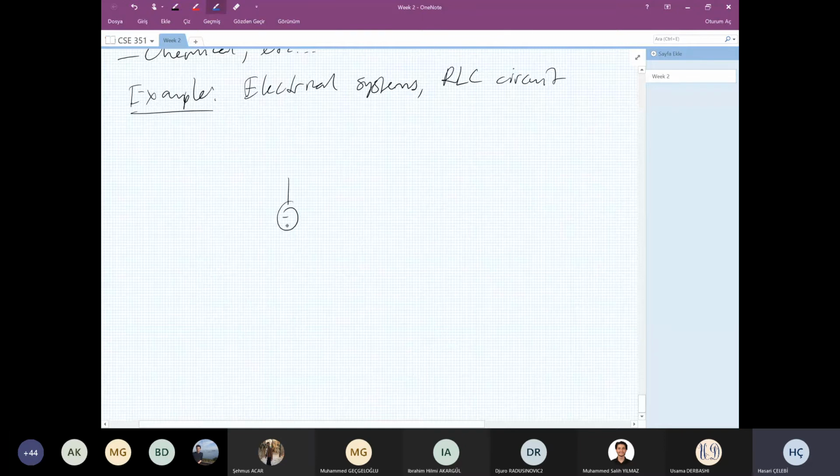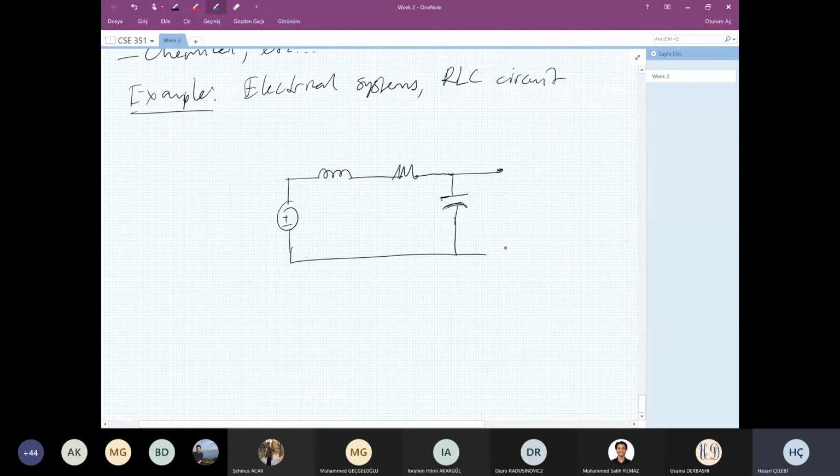Okay, that was the input voltage. That's the inductor. This is the resistor. This is the capacitor. And this is the output, plus minus, Vc of t. And this is the f of t input.